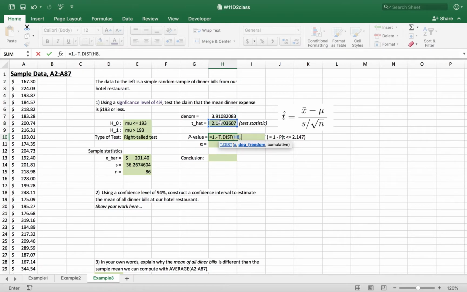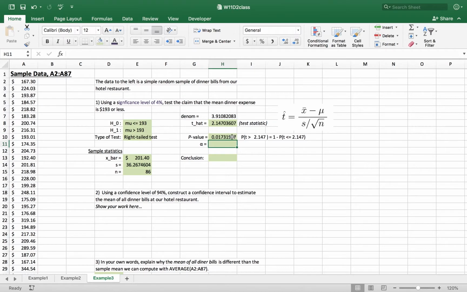Select our test statistic. Degrees of freedom is going to be 85, right? 86 minus 1, and then true. So our p-value in this case is 0.017. Our alpha value is 0.04. And so once again, p-value is less than alpha, so reject H0.